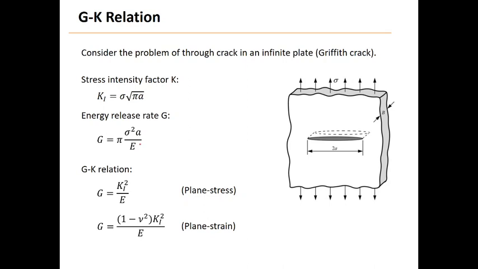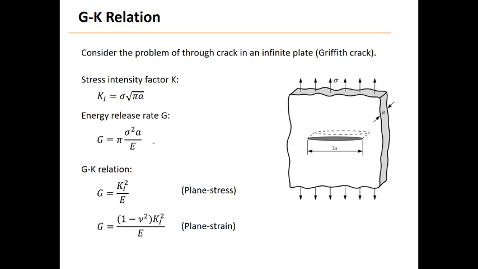Now, if you have a much deeper block, then you are getting into the situation of plane strain. And in that case, your energy release rate is going to change. It's not just going to be this, but instead it's going to depend also on the Poisson's ratio, just because there is some stress in the thickness direction, and that will contribute also to the strain energy.